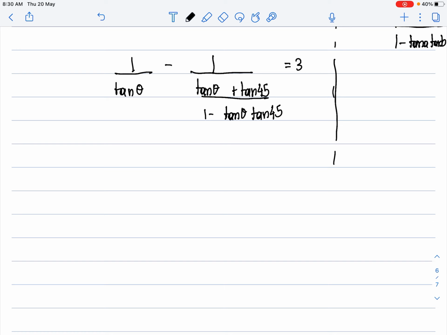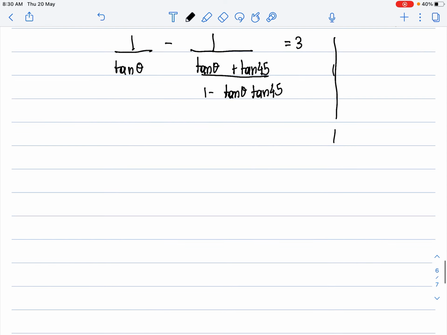Now, if I put my Cal C on the degree mode, I know tan 45 is 1. So I can write this as 1 over tan theta minus 1 over 1 plus tan theta over 1 minus tan theta, which is equal to 3.